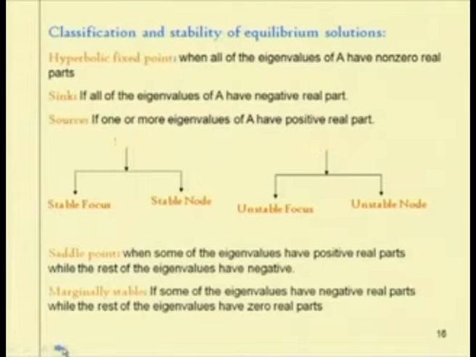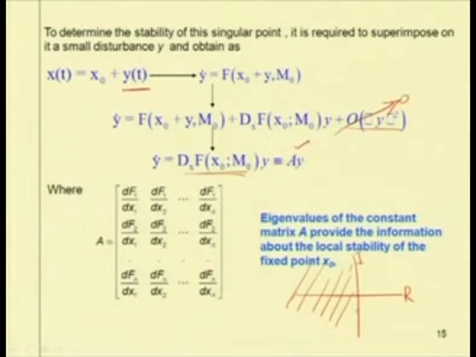When all of the eigenvalues of A have non-zero real parts, it is a hyperbolic fixed point, and if all the eigenvalues of A have negative real part, then it is known as a sink, and if one or more eigenvalues of A have positive real parts, then it is a source. That means, if all the real parts are negative, that is they are on the left side of the S plane, then the system is stable, and if some of the roots are on the right hand side of the S plane, then the system is unstable.